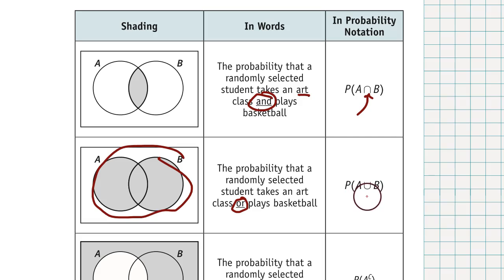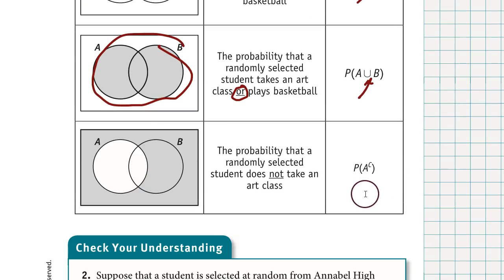That is called a union, and it uses the letter U. Finally, the count of things that are not in event A is called the complement of event A. It's represented using the word not, meaning not in A, and in symbols it's shown like this.